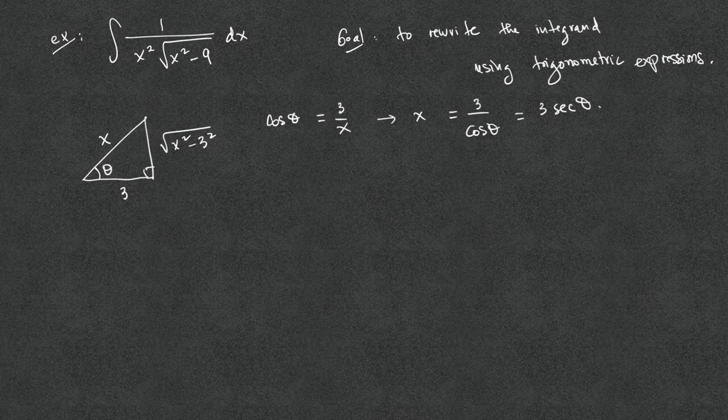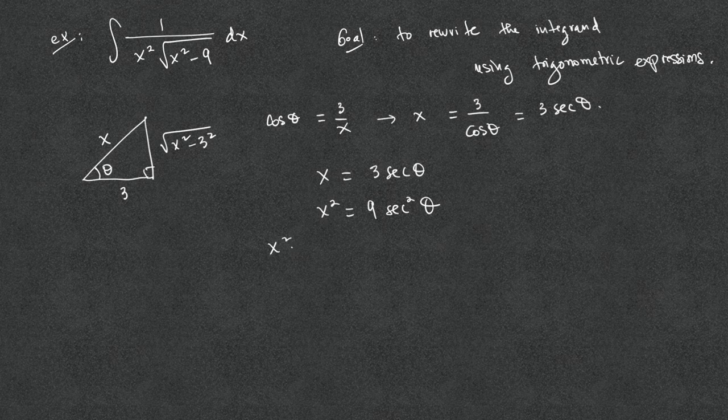We're going to rewrite each expression in the integrand in terms of theta, with x being 3 secant theta. And so x squared is 9 secant squared theta. Thus we're going to replace x squared with 9 secant squared theta.